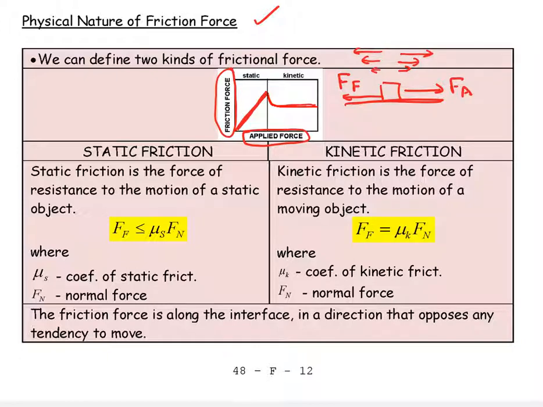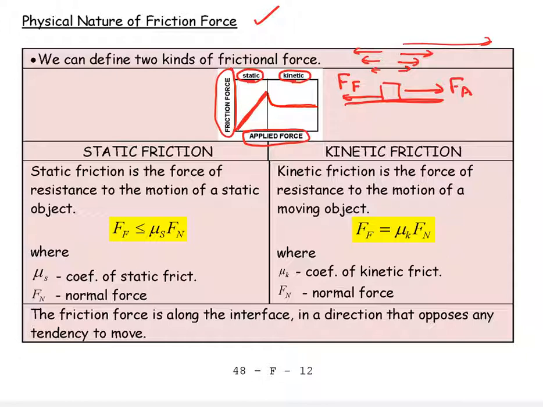If I have a bigger applied force, I expect to go faster and faster, and what I see is that the frictional force remains constant. So I can divide this characteristic up into the static friction side and the kinetic friction side. This is a nice conceptual recall bookwork question. So my advice is make sure that you can recreate this graph as needed.